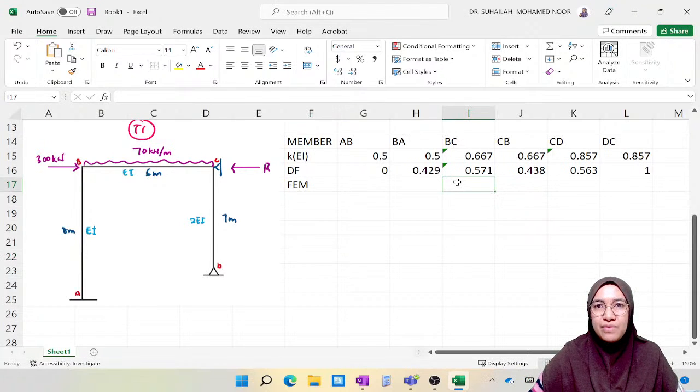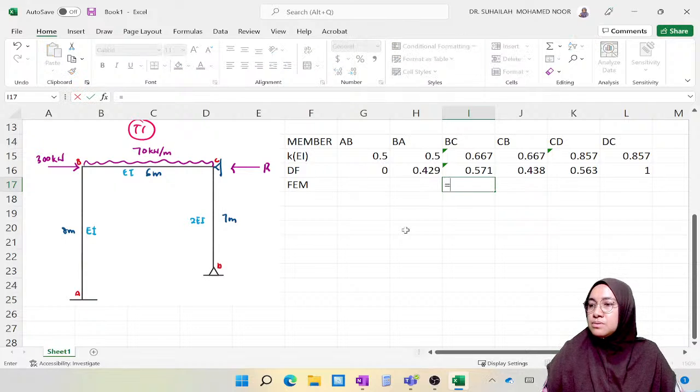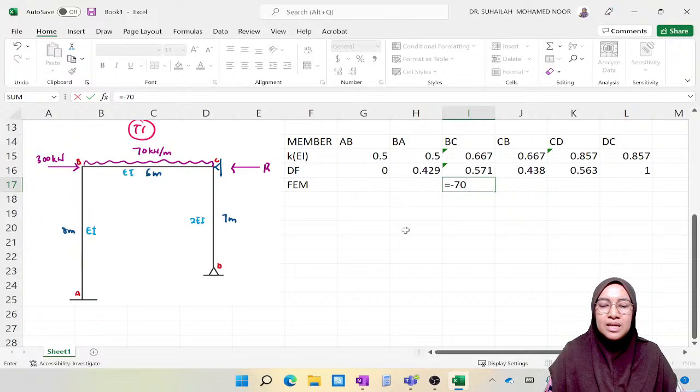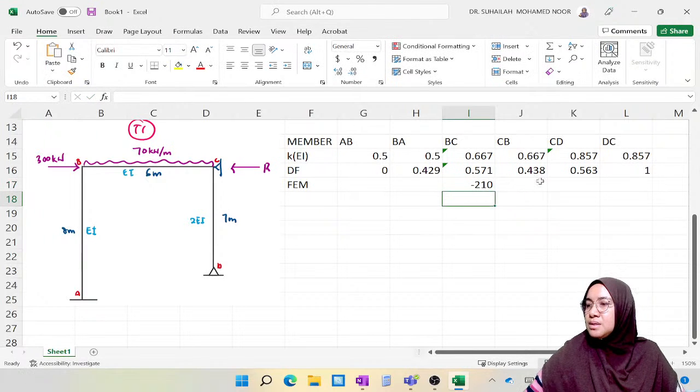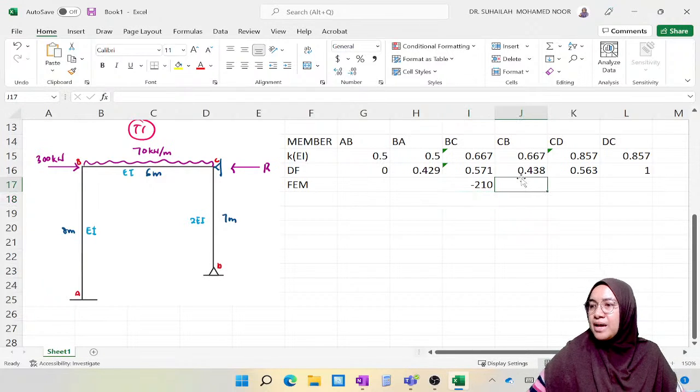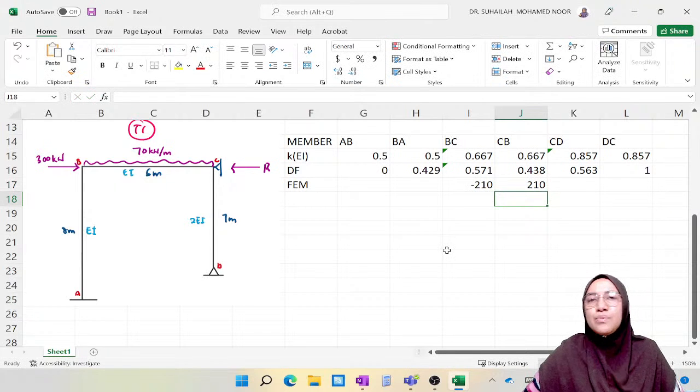The moment will counter the bent beam back to its original straight position, so one value is negative, one is positive. W is 70, L is 6 meter, so WL squared divided by 12 is 210, negative and positive.